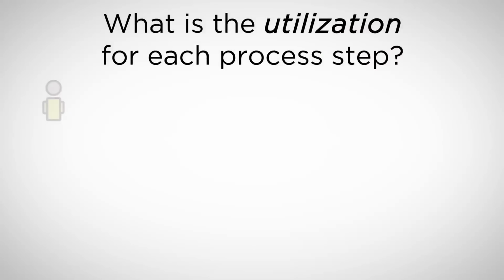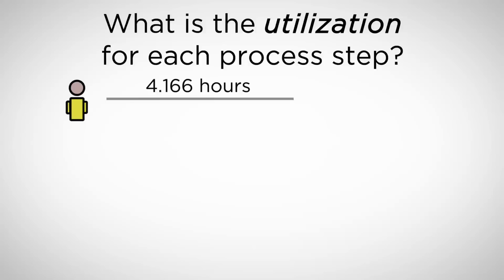Using this information, we can calculate the utilization for each process step, an important measure of how well the process works. The utilization is the percentage or proportion of time that that particular person is busy helping patients. Let's take the registrar first. We just figured out that the registrar is busy 4 1/6 hours out of every 10.